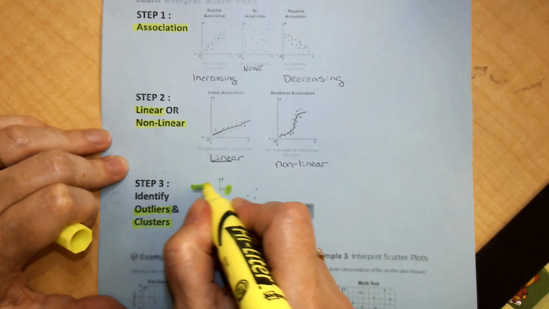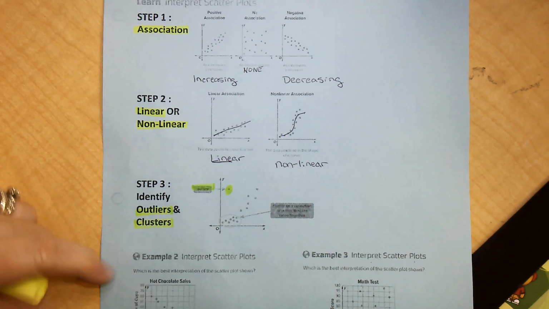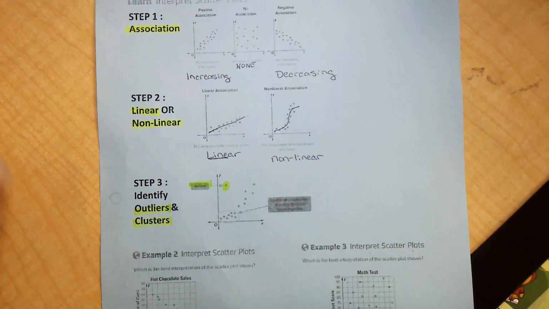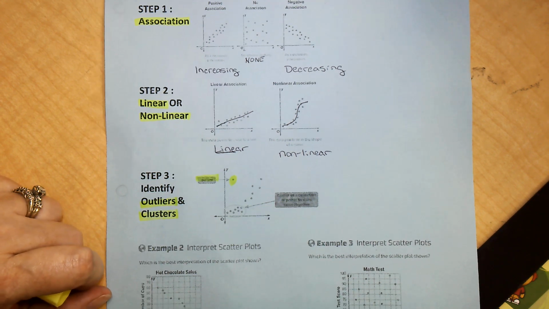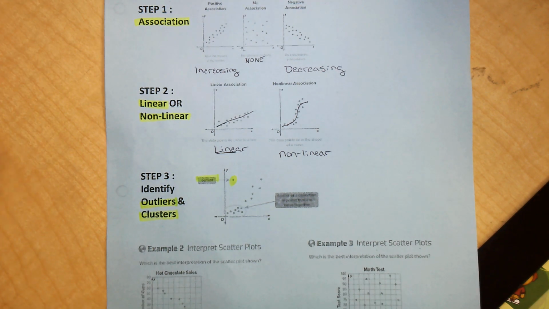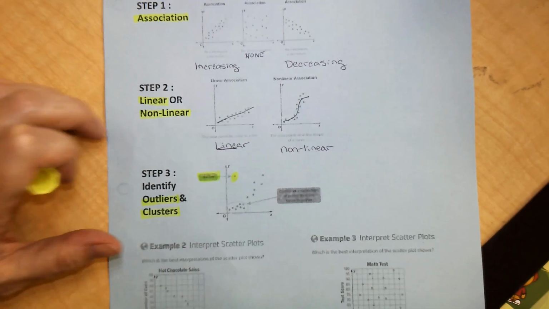He is out in left field, smelling the roses, picking flowers, while everyone else has come in the infield and they're trying to catch the ball, but this little guy is just doing his own thing. He's an outlier. He's going to skew your data, which, if you get further into it, is not going to make you happy, but for right now, we just got to know he's an outlier, okay?